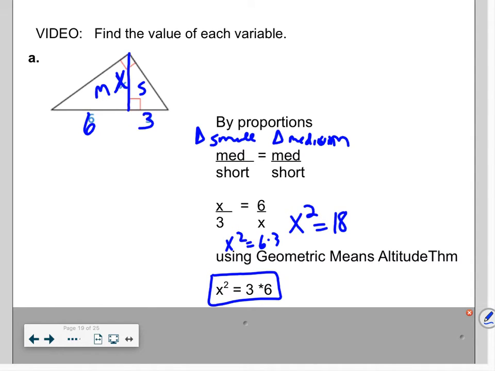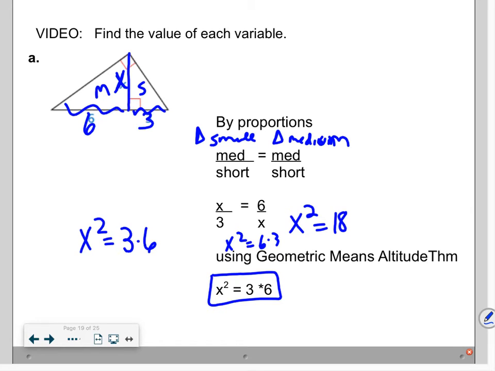The geometric means altitude theorem says, if you want to know the altitude, which is our x, it's simply x squared equal to the two little parts of the bottom of the triangle, or how we split the hypotenuse, 3 times 6. Now, of course, I need to solve that. I'm going to take the square root of both sides, and that's the square root of 18, which is 9 times 2.